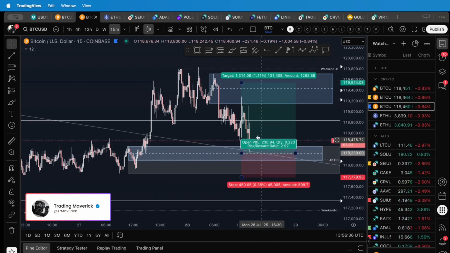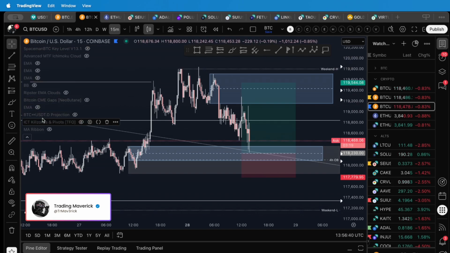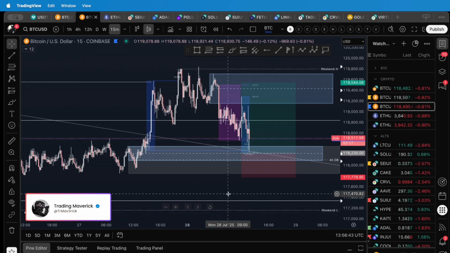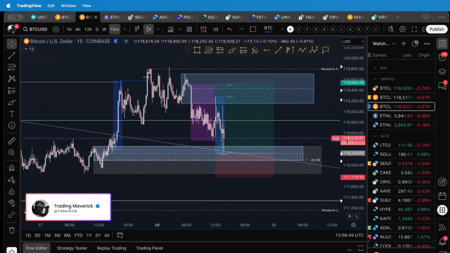Okay, so now I want a push up to London highs. London opened and pretty much just nuked down and started to consolidate.